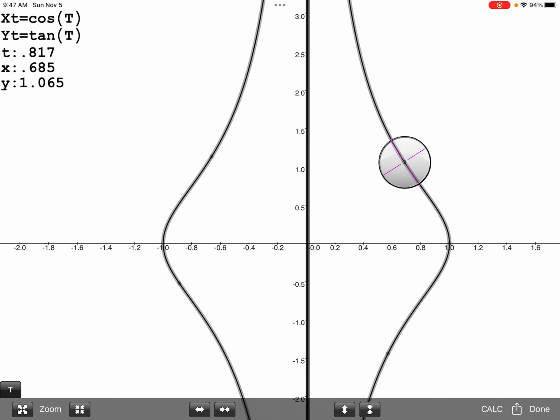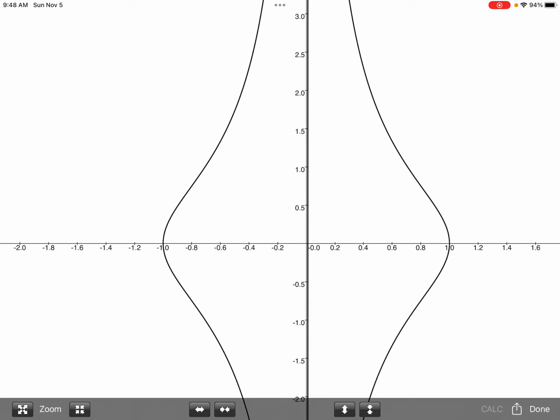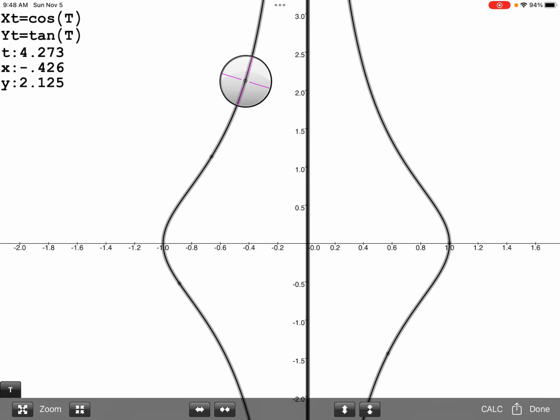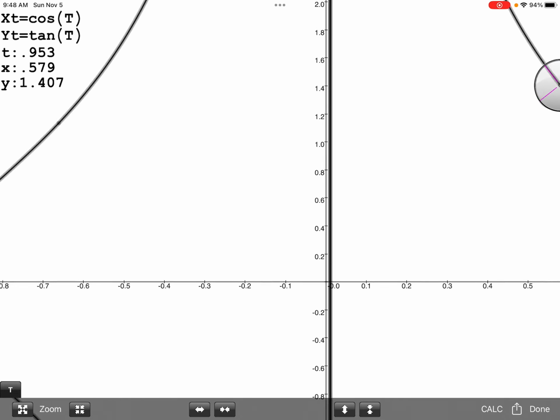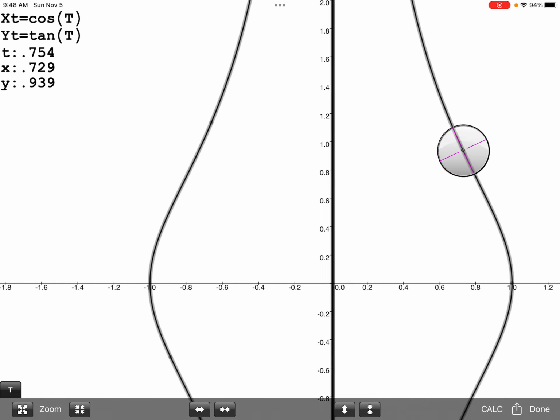So as t is getting close to pi over 2, this is going up to infinity and never reaching the y-axis. So how could it be that it jumps from here onto that line and the calculator won't even put the little target symbol on there? So that line is not supposed to be there. So you could just ignore that line and then graph it.